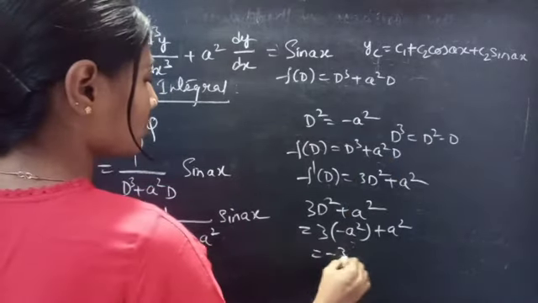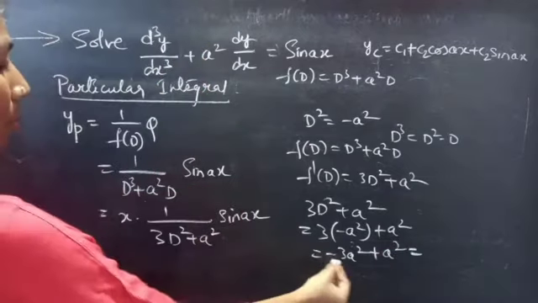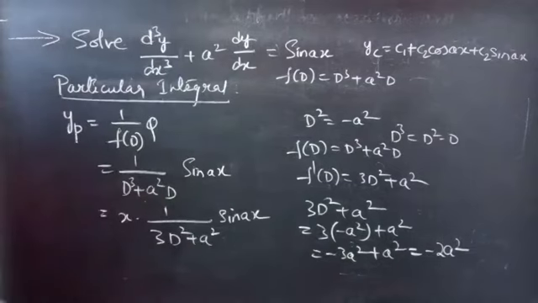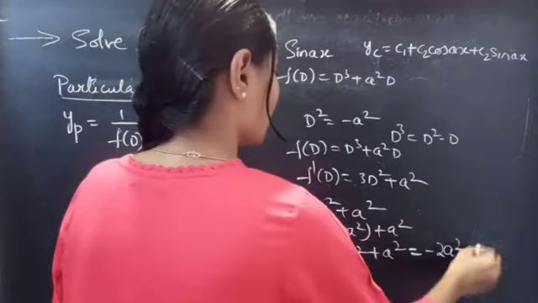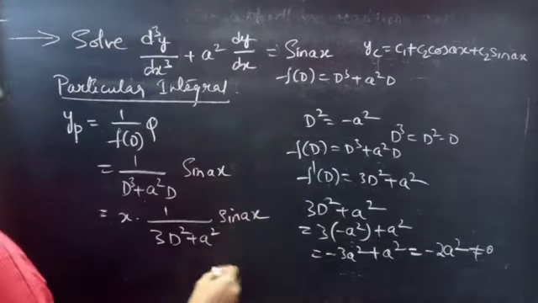Check by replacing d square by minus a square. You'll get minus 3a square plus a square, which is minus 2a square. Minus 2a square is not equal to 0. So what we can do is replace d square by minus a square.